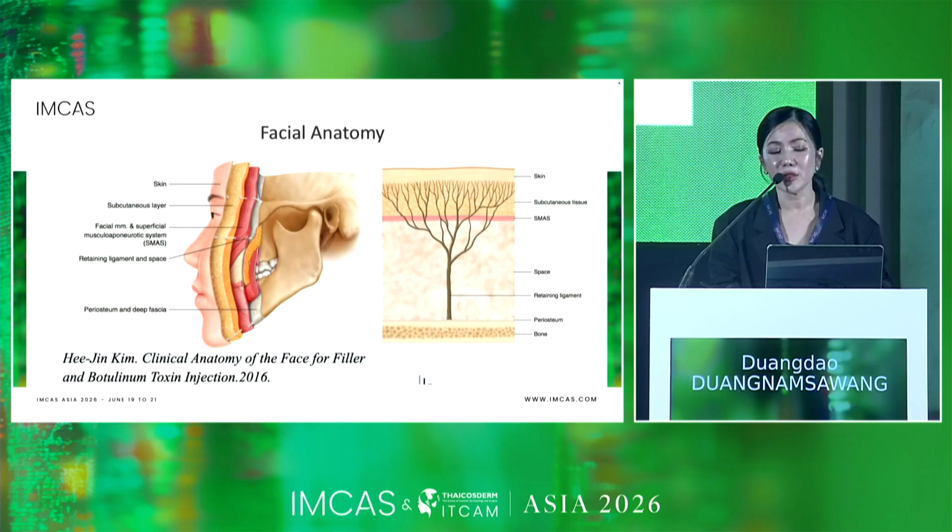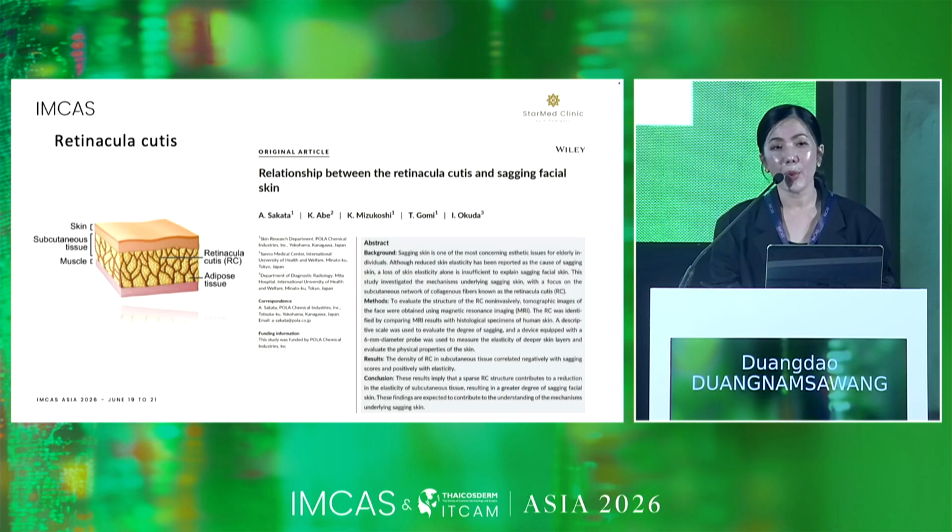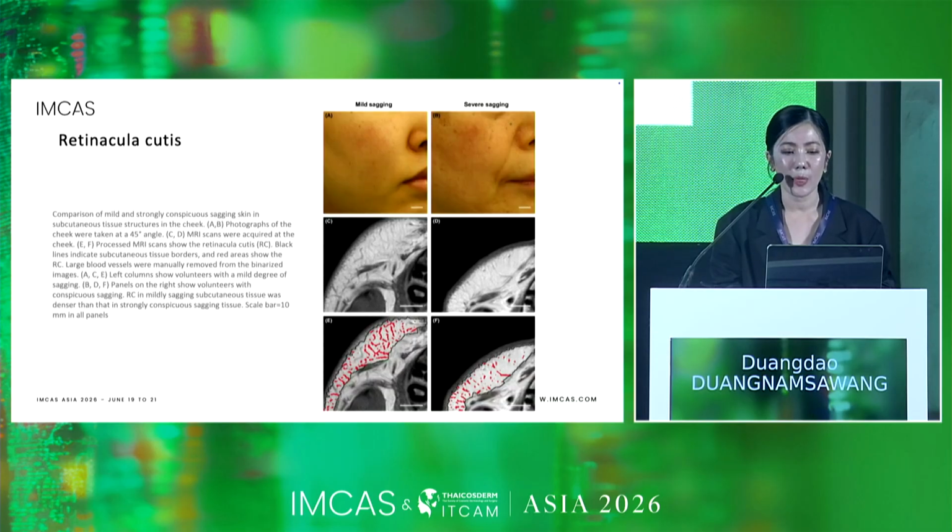The importance is that you see they are connected from above down to the bone by the ligaments. There is a paper showing the relationship between the retinacular cutis density and sagging facial skin. They compared mild sagging and severe sagging.